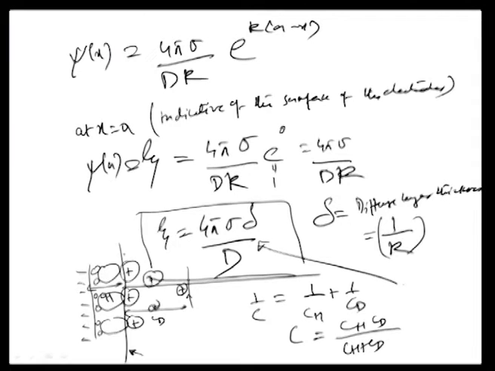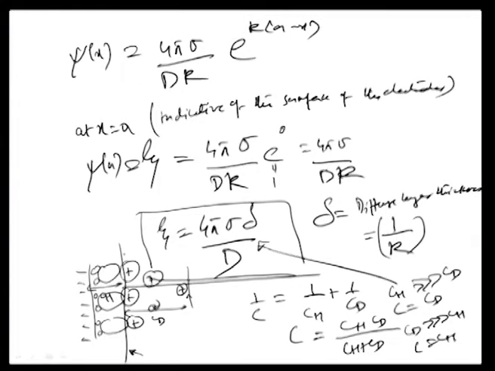Here, if CH dominates CD, then C becomes equal to CD, and vice versa, if CD predominates CH, C becomes equal to CH.